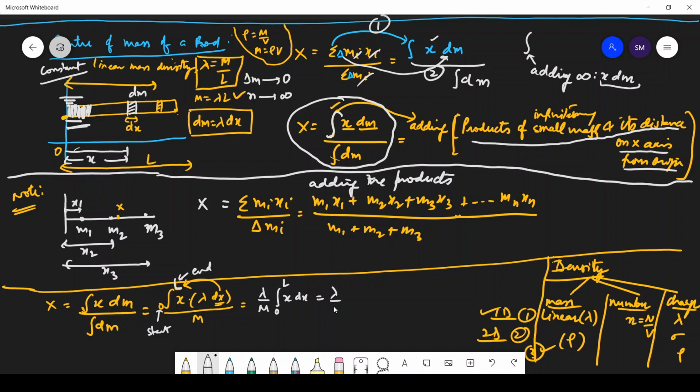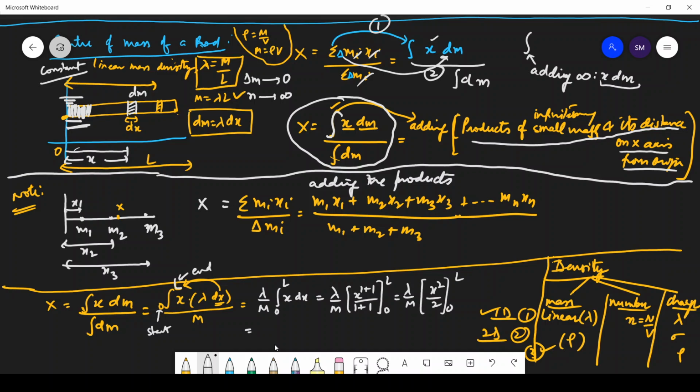I told you that integration is simply what you need to do, you need to add 1 to the power, so power was 1, so 1 plus 1 and divided by this 1 plus 1, and limit 0 to L. So that's equal to lambda upon m and x squared upon 2, 0 to L.